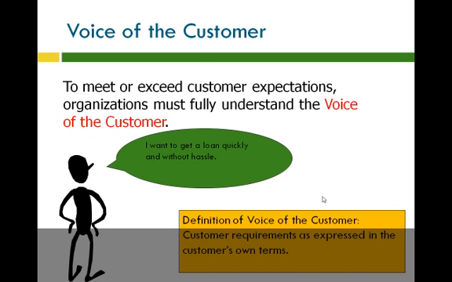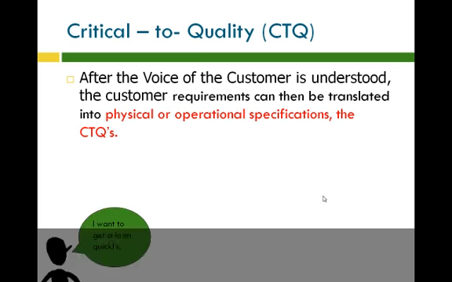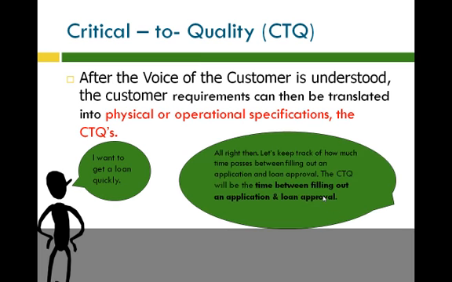So here we have the voice of the customer, I want to get a loan quickly and without hassle. Let's talk about what the CTQ would look like to make sure that's the case. So we have to translate the voice of the customer into a physical or operational entity. Here we have the customer, I want to get a loan quickly.